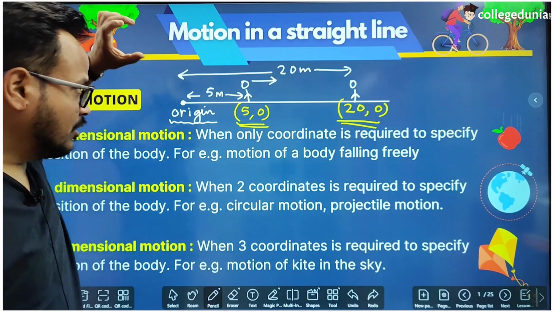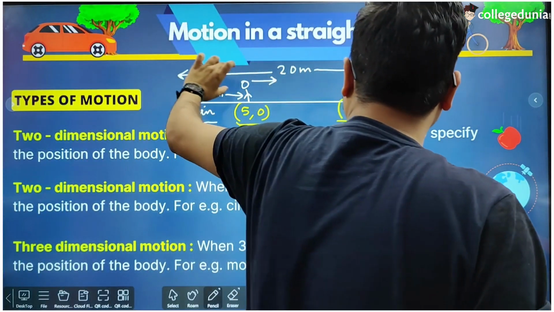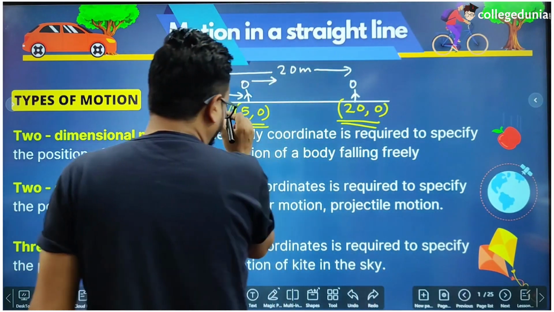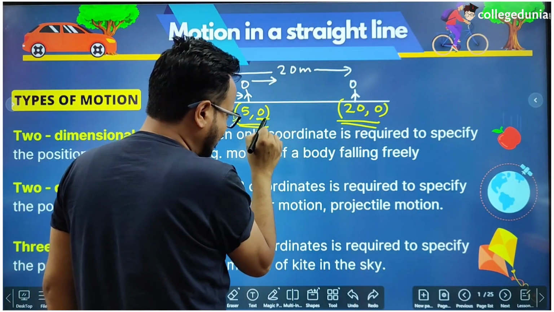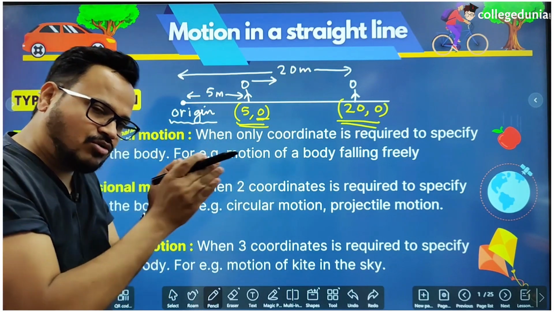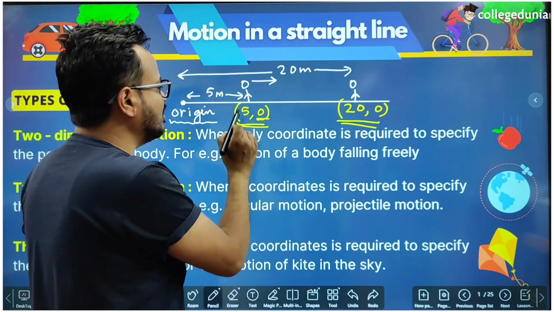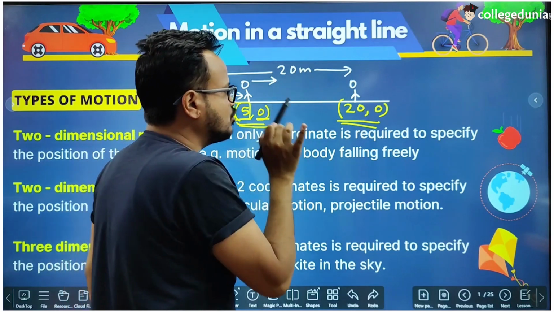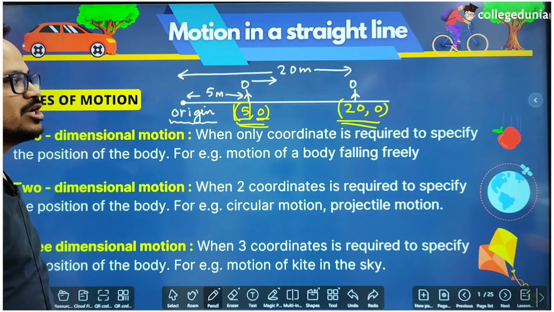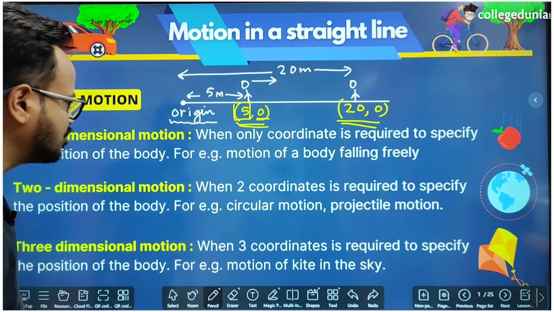So we know that if this is x-axis and this man is moving in a straight line, we need only one coordinate, because y will always be 0. Y will always be 0 because it is moving only along the x-axis. So we require only the x coordinate to specify the position of this man. Such type of motion is called one-dimensional motion.